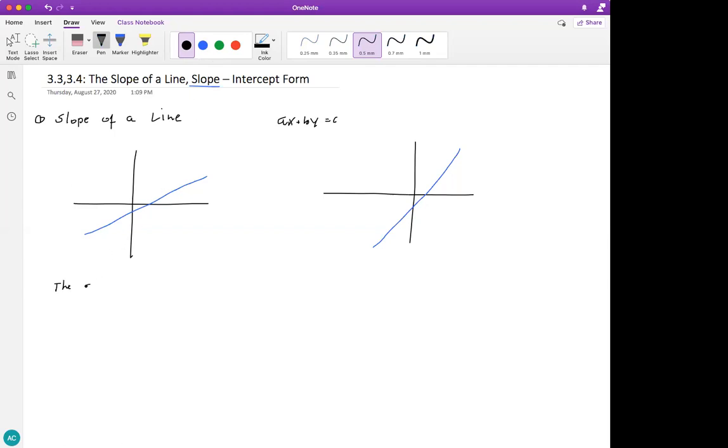The slope, which we call m, that's the symbol for slope, the slope m is the steepness of a line.